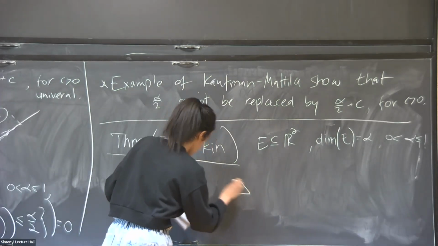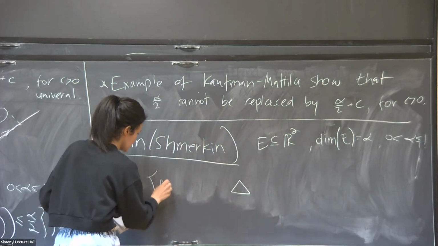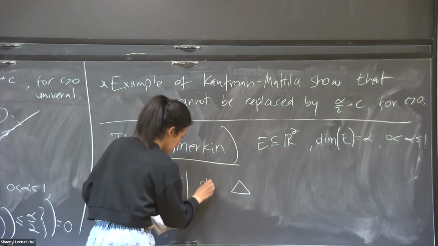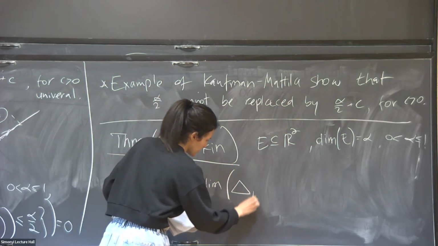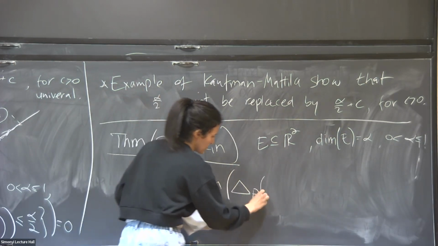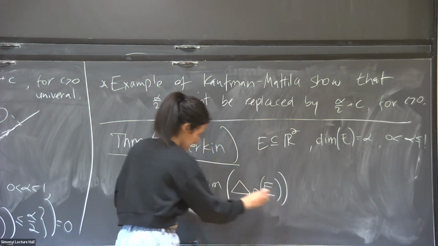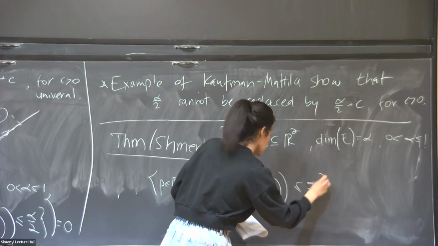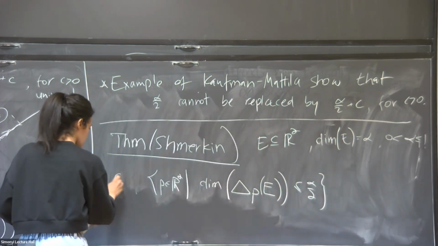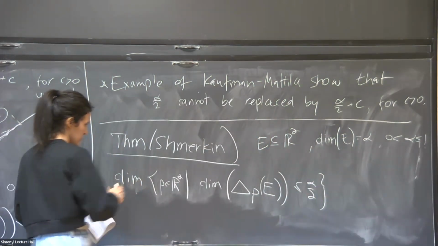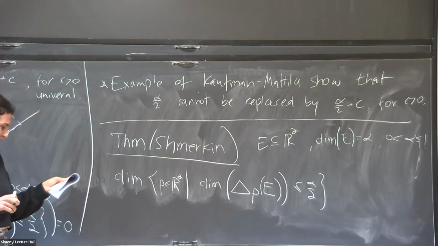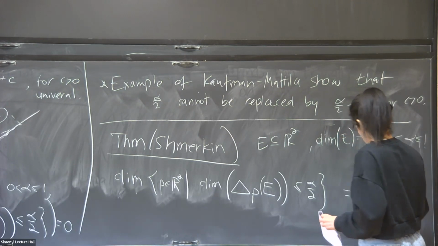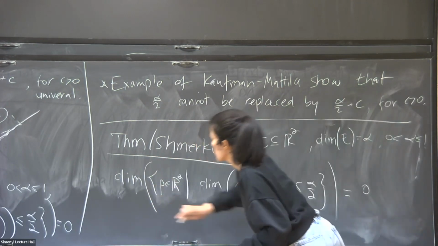So let's look at all the points P in R2 such that the dimension of the distance set from P to the other points in the set is at most alpha over 2. And Shmerkin proved that this set has to have Hausdorff dimension 0.